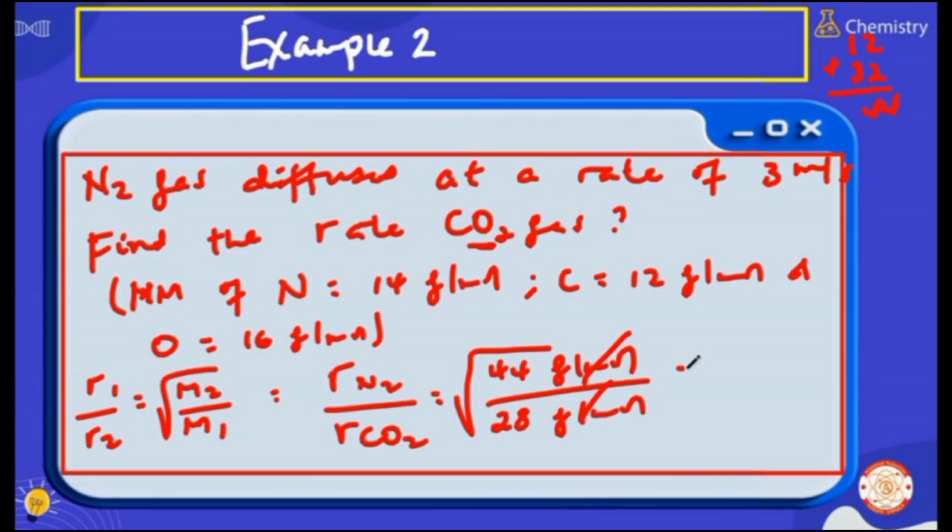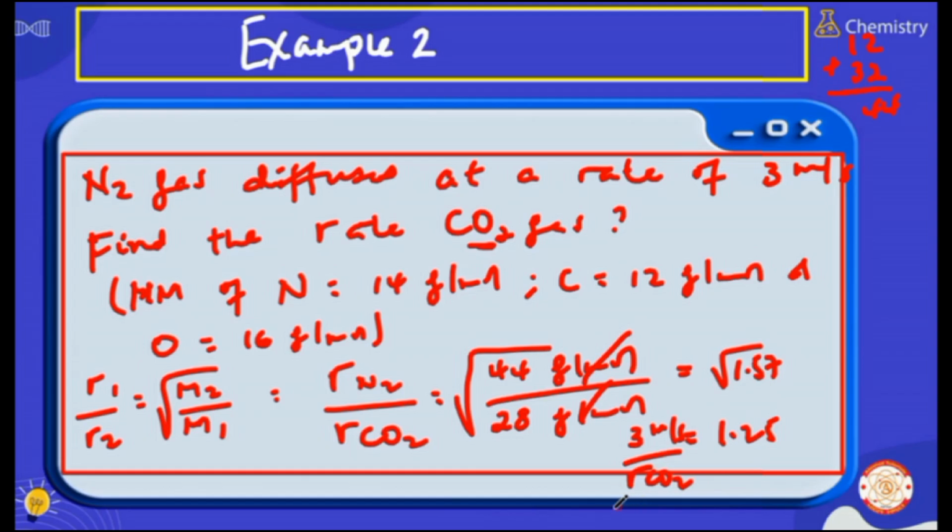So solving this gives you the square root of 1.57. And then when this comes out of the square root, it becomes 1.25. And what do we know? We know that the rate of nitrogen is 3 meters per second, right? 3 meters per second over rate of carbon dioxide.